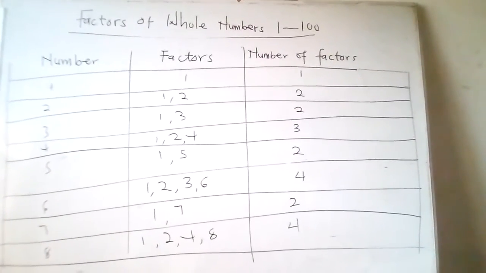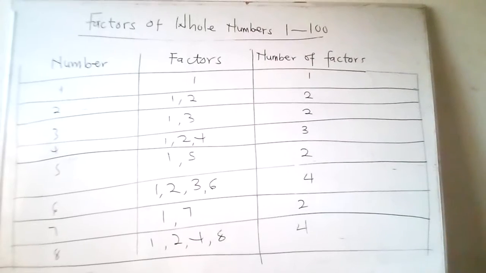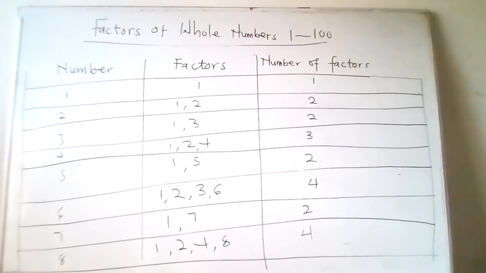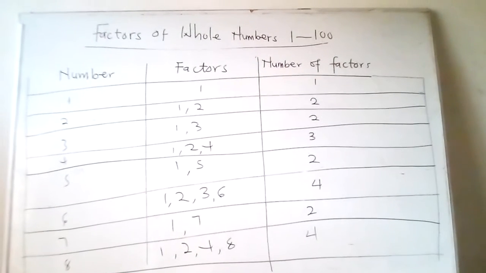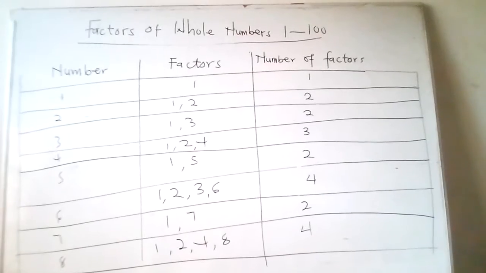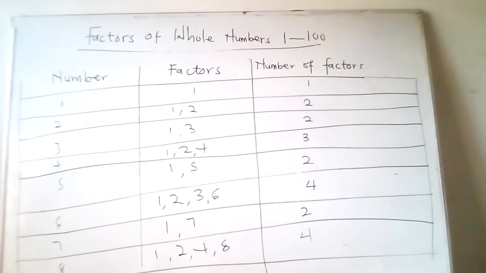This table agrees with the definitions: more than 2 factors becomes a composite number, and exactly 2 factors becomes a prime number.